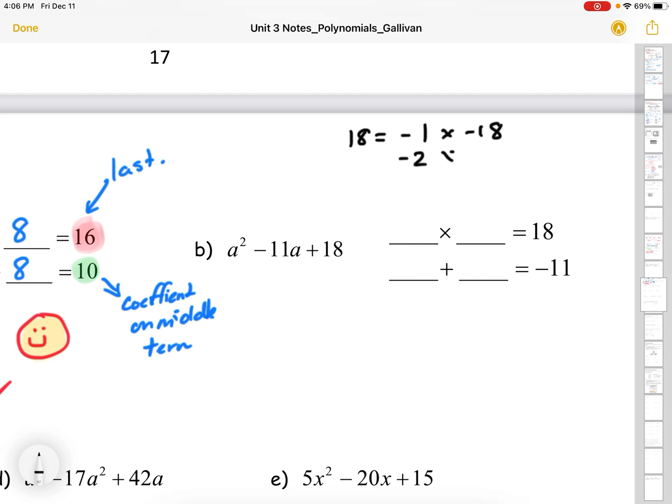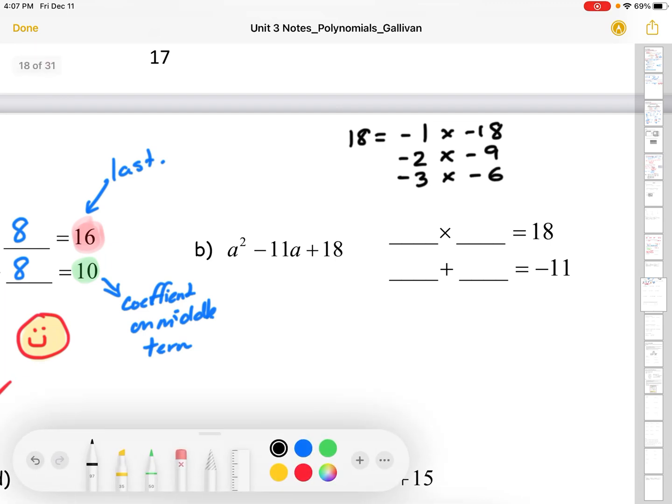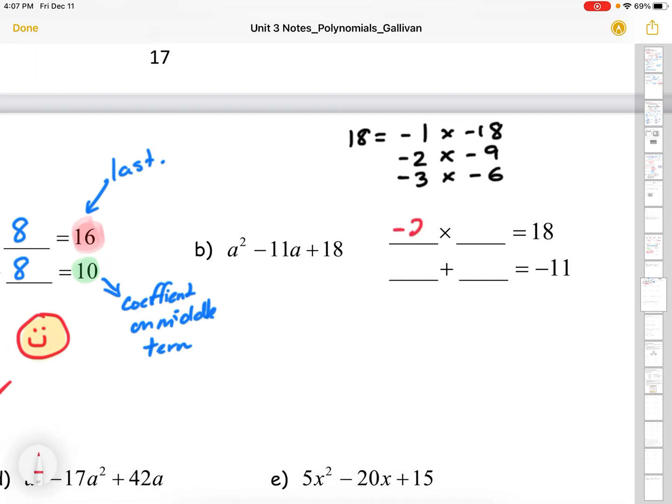Well, that doesn't work. It could be negative 2 times negative 9. Wait a minute, I think that works, doesn't it? I could keep going, I could do negative 3 times negative 6, but I'm pretty sure that negative 2 and negative 9 multiplied give me positive 18, and negative 2 plus negative 9 add up to negative 11. So watch your negative signs, okay?